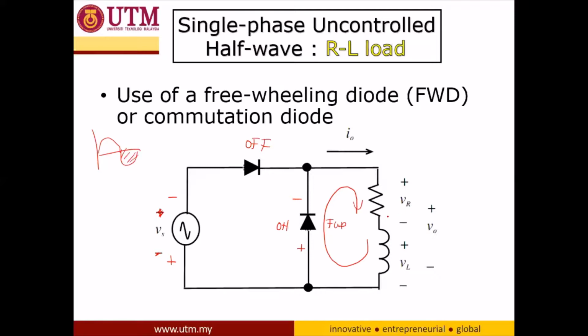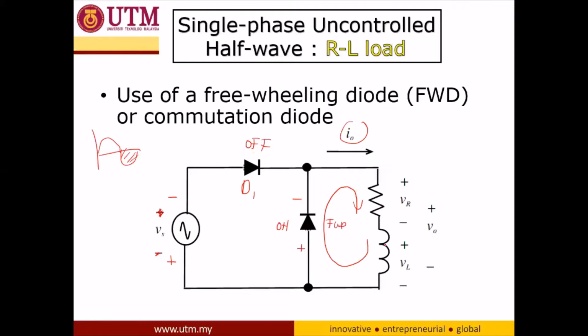So that's why the output current will keep continuing. From the first positive cycle, the current will flow through D1 and the load, with a complete circuit. During the negative cycle, where D1 is off, D2, the freewheeling diode, will turn on.